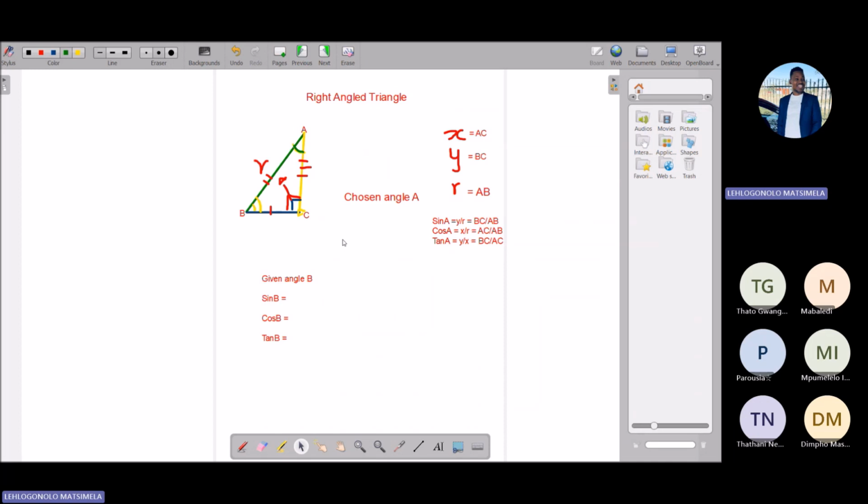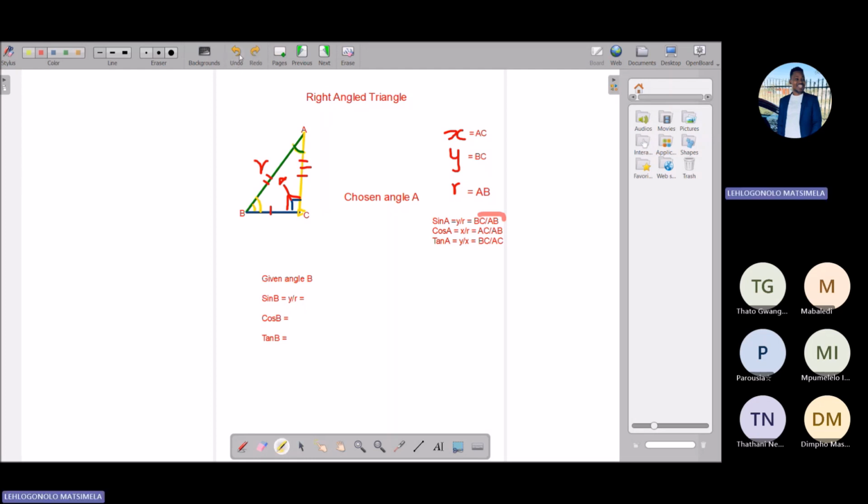When we say sine angle B is equal to Y over R, I don't mean that it is equal to BC over AB. No, this is just the single initial formula for sine angle, which is opposite over hypotenuse. That's what it means.